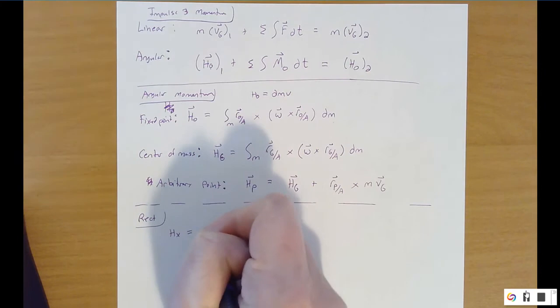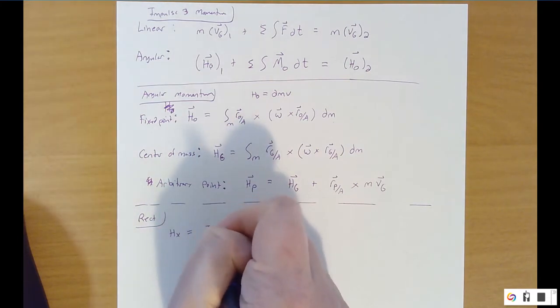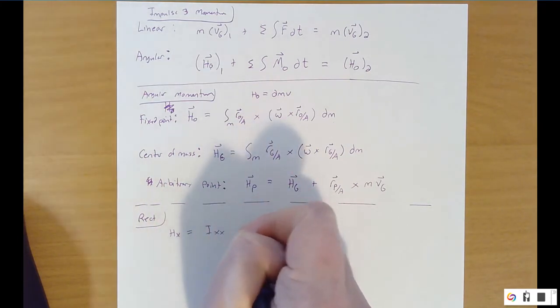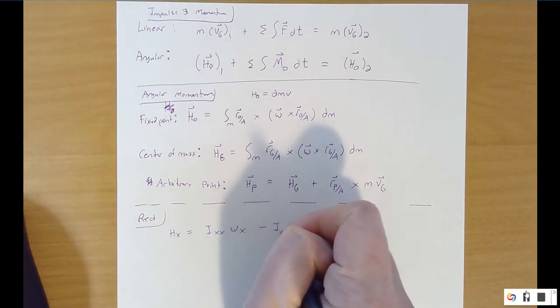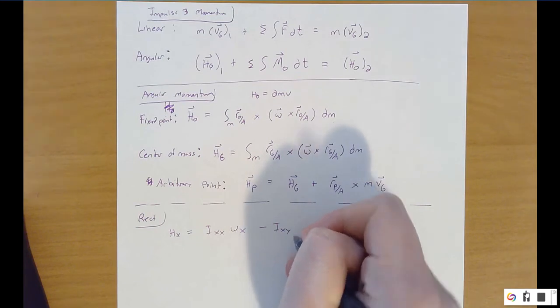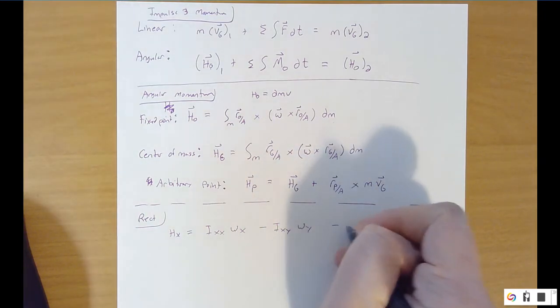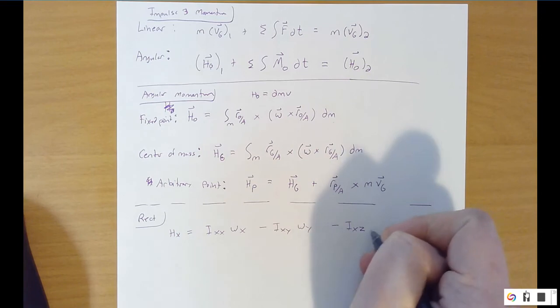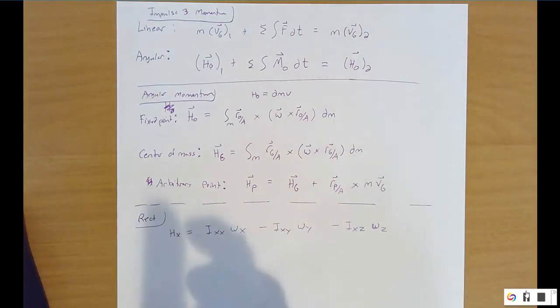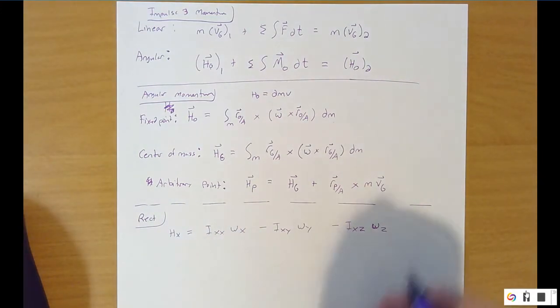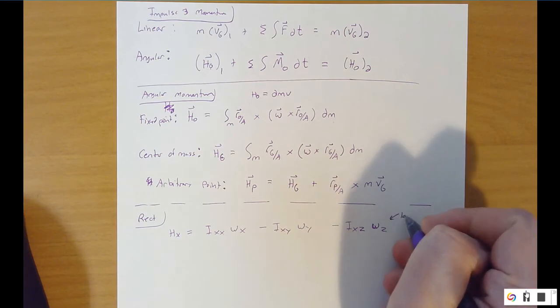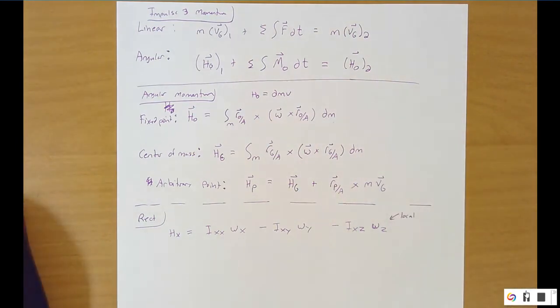Hx will be Ixx omega x minus Ixy omega y minus Ixz omega z. And these omegas are in your local coordinate system. So again, kind of like when we went back to kinematics, we found omega in the A coordinate system. Same kind of stuff here.